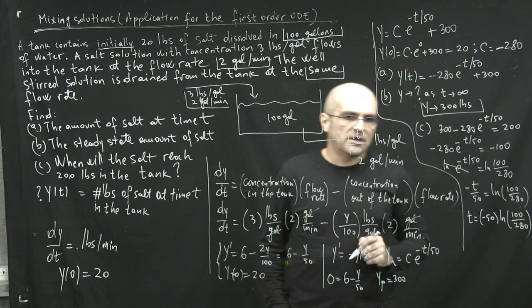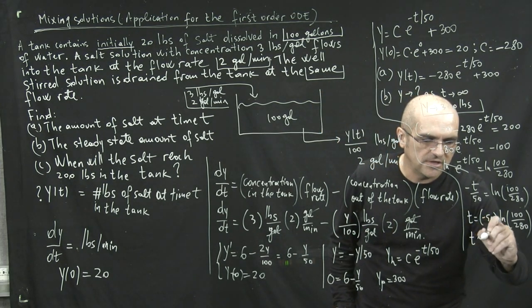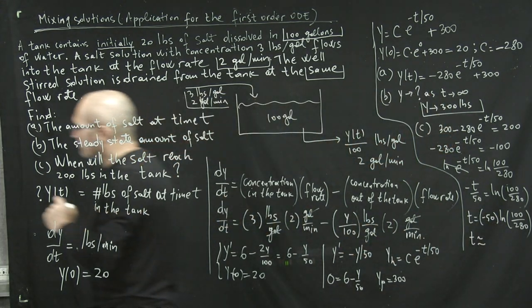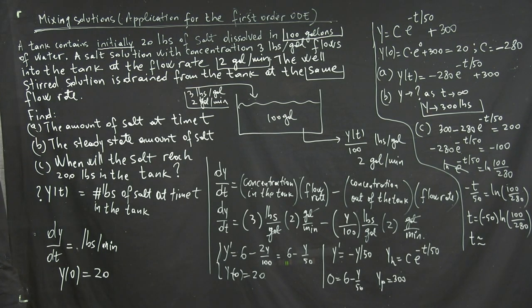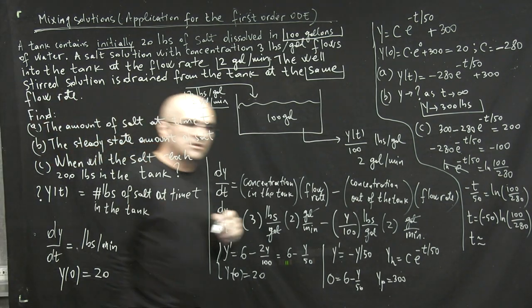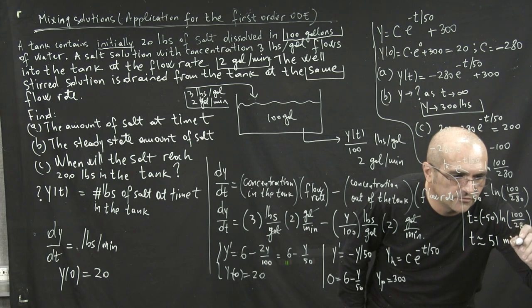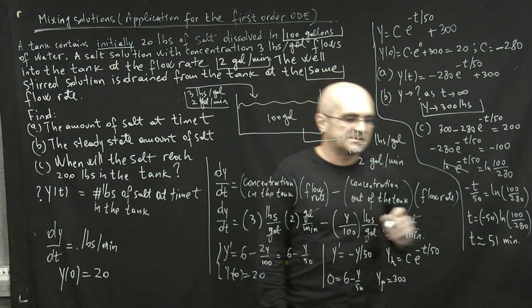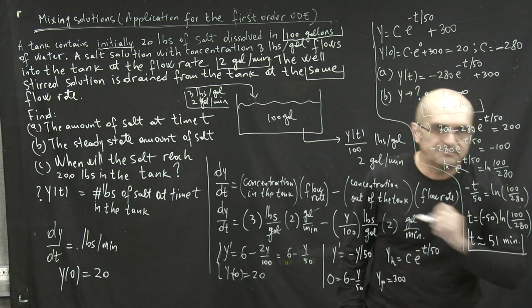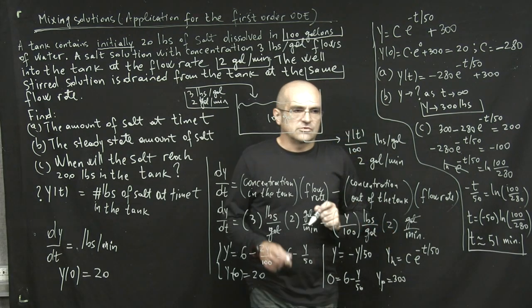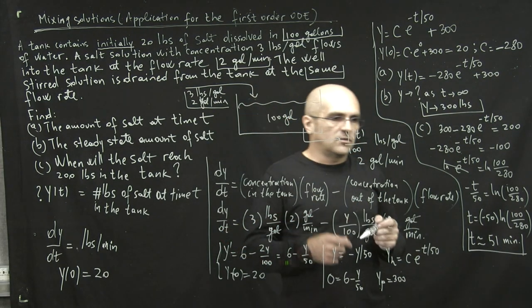And with the calculator, t should be approximately equal to, I did it here, approximately 51 minutes. I had to take a peek for that, since I didn't have the calculator with me. So 51 minutes approximately should be the time until the quantity of salt gets to 200.